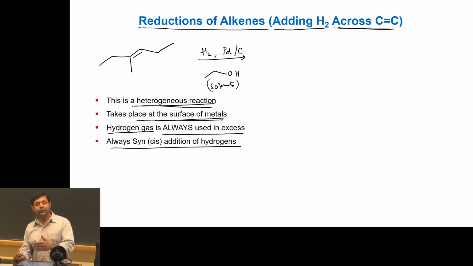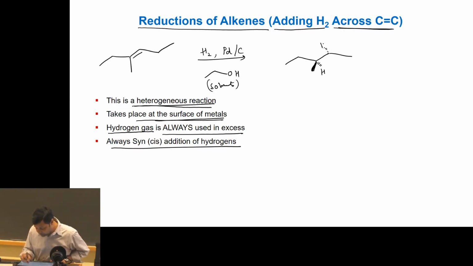Now you can have the hydrogens add from the top of the double bond or from the bottom with equal probability. So let's write down the products. If you put the hydrogen down here, here too the hydrogen is down. The second product you can get is hydrogen up, which means hydrogen here too is up.